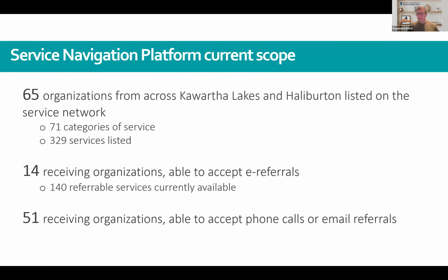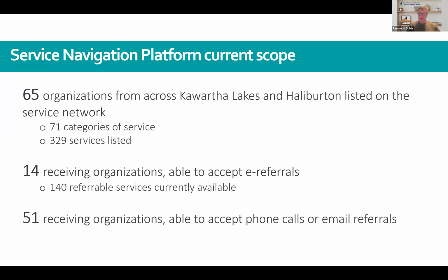Really, we have a big listing. There are lots of listings available through the CareDev network. So there are 65 organizations listed, over 320 services individually listed, and a bunch of different receiving organizations able to accept e-referrals through Ocean.